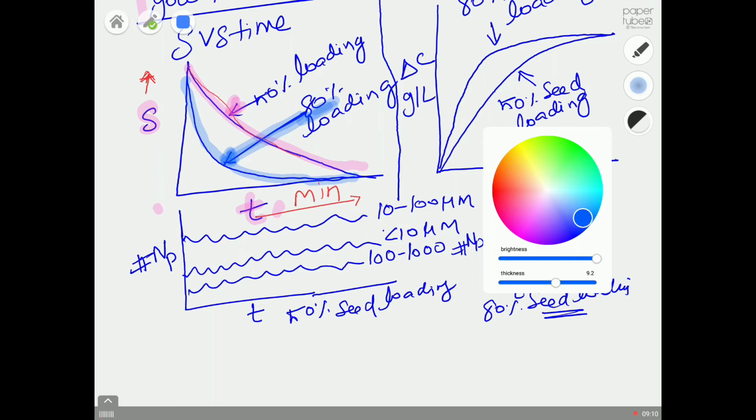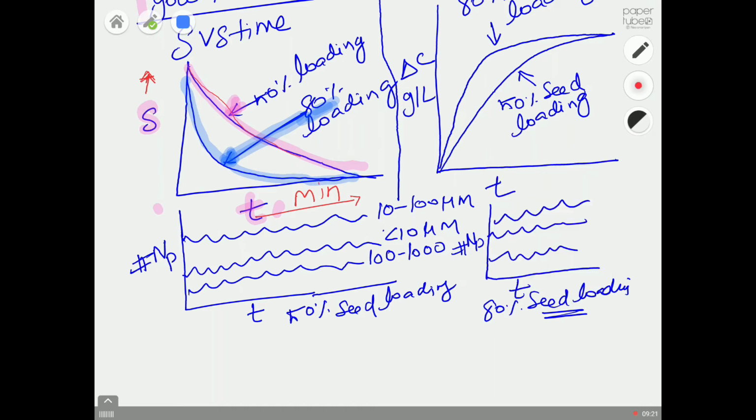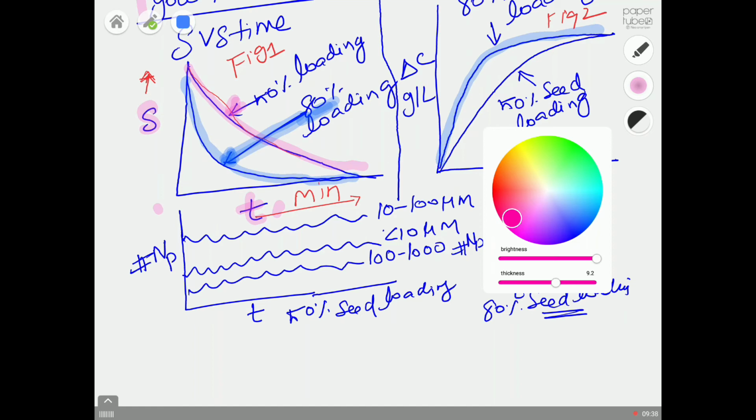We will come back to what's meant by 50 and 80, and I will show you how to calculate. So this is your figure 1, and this will be your figure 2. This is your second experiment, 80% seed loading, and this is your first experiment, 50% seed loading.